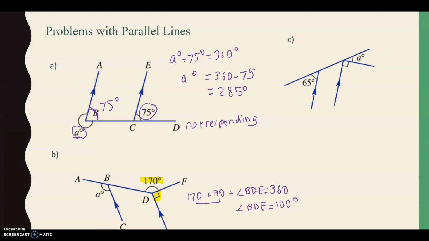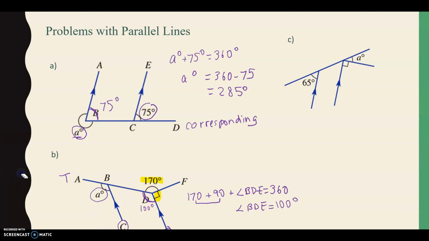100 degrees, sorry, getting my pen back. Okay, so if this angle is 100 degrees and we've got parallel lines here and a transversal here, this unknown angle A is corresponding to this angle, angle BDE.